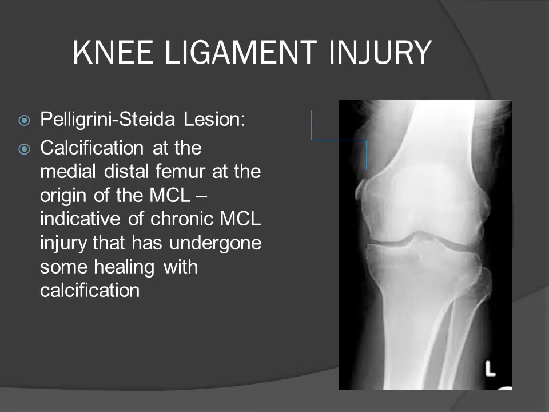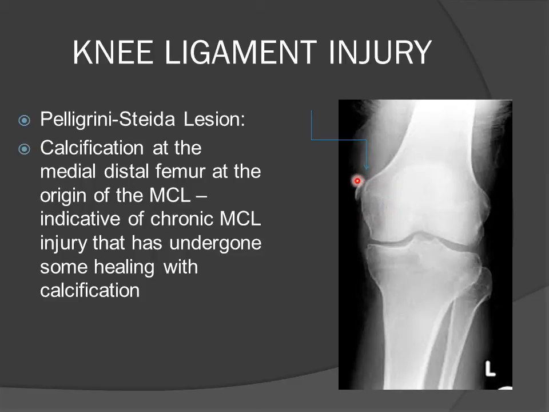In a workers' compensation setting, injury to the medial collateral ligament frequently shows up on X-ray studies as a readily identifiable calcification of the medial collateral ligament. So you'll see this on the medial aspect of the knee, and this is known as the Pellegrini Stieda lesion.